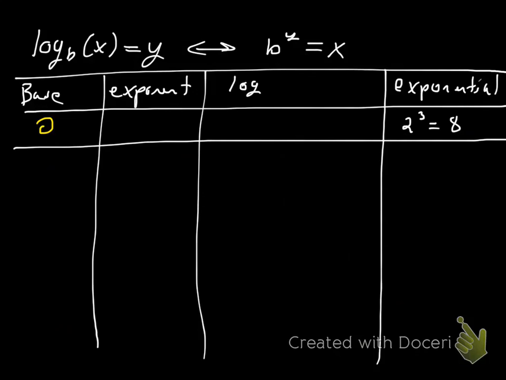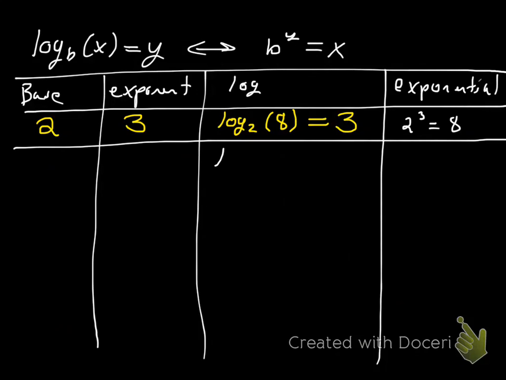Our base is 2, and our exponent is 3. So we're going to have log base 2 of x is equal to 3. The x is always going to be inside the logarithm, and the log is always going to be the exponent. So log base 2 of 8 is 3. 2 to the 3rd power is 8.